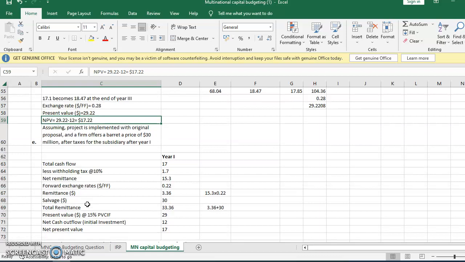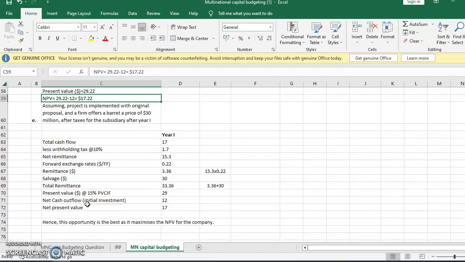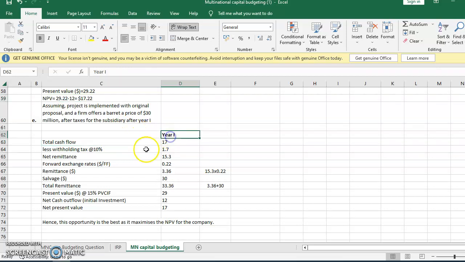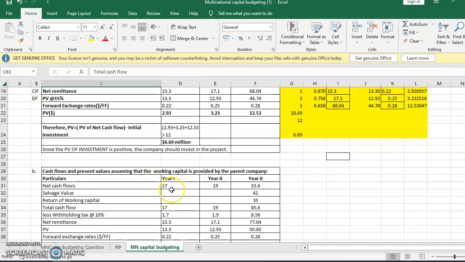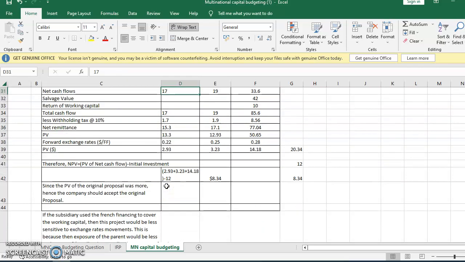So would that still be convincing, or would that affect the NPV, and what is your explanation for it? Since we have to consider this 30 million, let's go to the year 1 data, which I think we already calculated. The facts will not change.